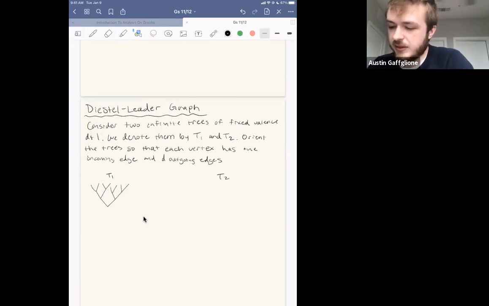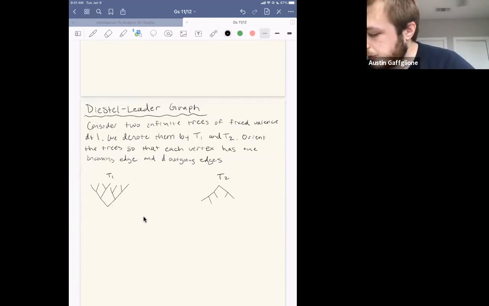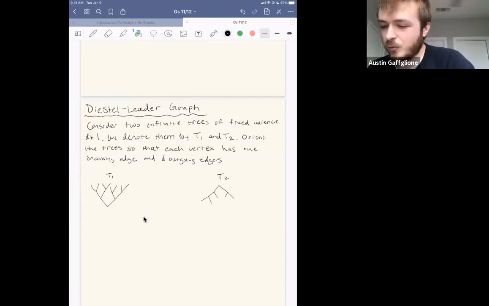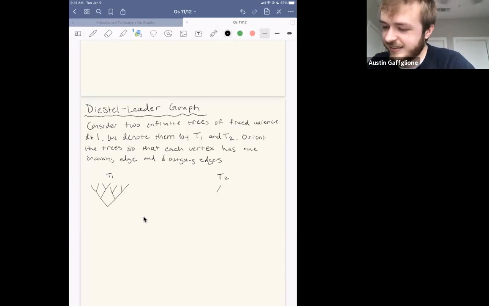So it looks like this: this tree opens up, and then this tree is going to open down. Do you need the extra edge at the vertex at the bottom or the top? We just continue up in that direction, yeah. But I think we're zooming in. When I define this notion of a height function, I think it'll make more sense. Okay.